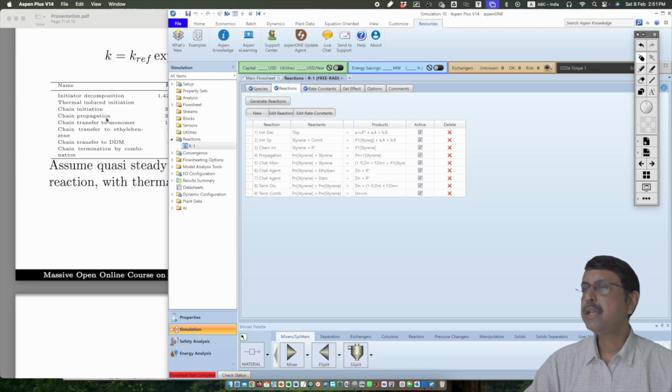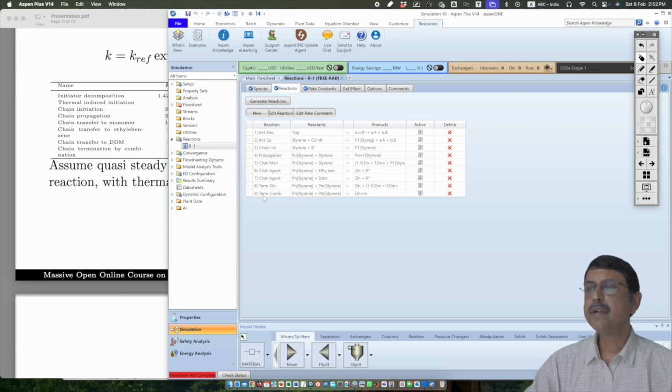Then we have chain initiation, chain propagation, chain transfer to monomer, chain transfer to agent ethyl benzene, chain transfer to agent DDM, term dis. We do not have any equation of this sort. We have chain termination by combination.